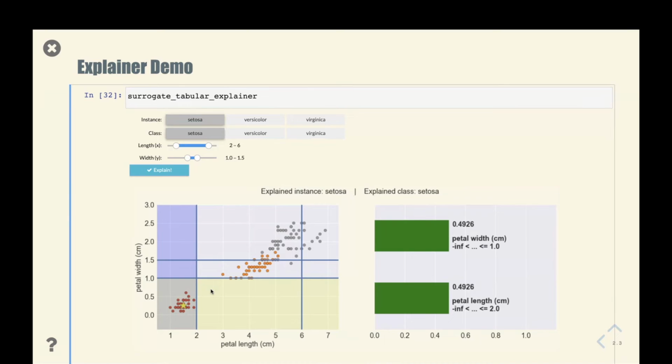And the reason is that mostly what matters is the prediction of the points and their quantity in each region. And if you recall, the only regions that matter in the end are the blue only, yellow only, and blue and yellow. So if I move any of the other splits, they do not really affect the actual interpretable representation.